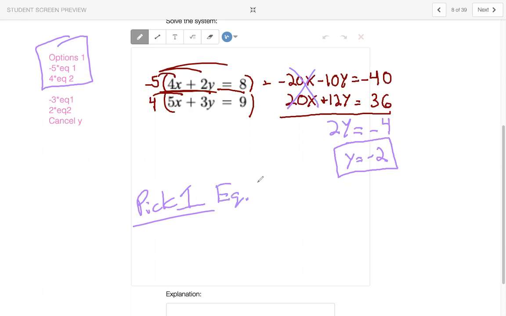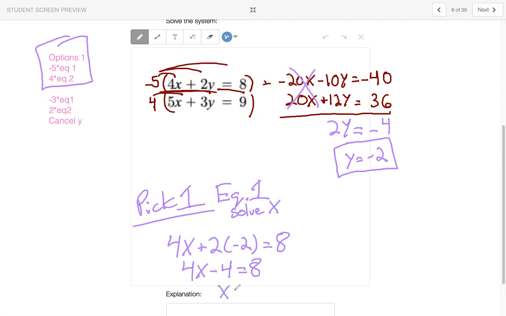So I'm going to use equation 1 in an effort to solve for x. So I know y is -2. So that means 4x plus 2 times -2 equals 8. This means that 4x minus 4 equals 8. If we take this further, we're going to get that x is 3.